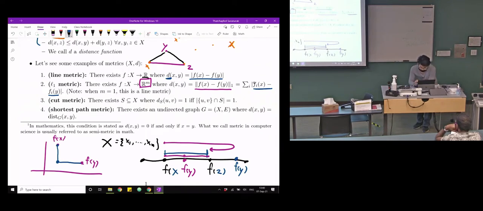Note that this is really just a sum of line metrics, right?